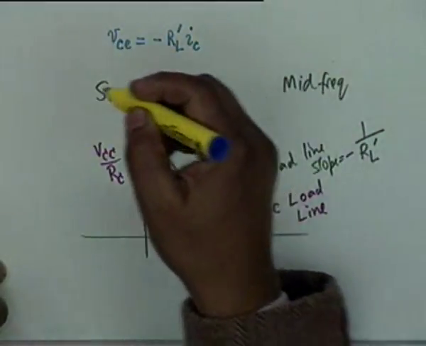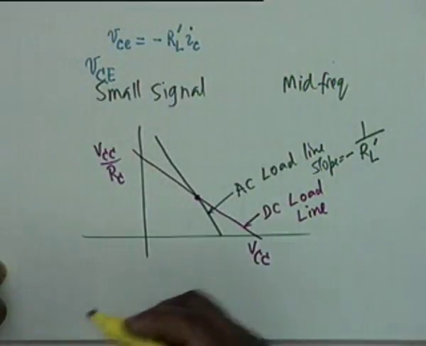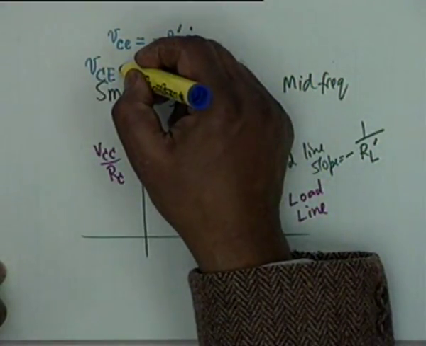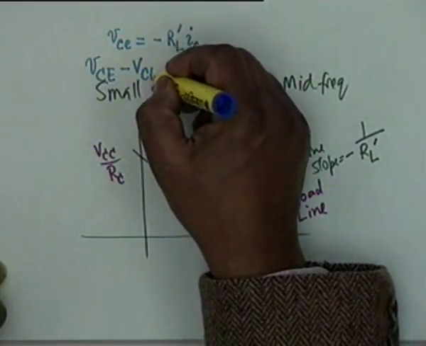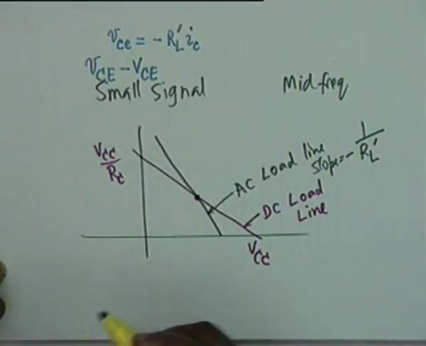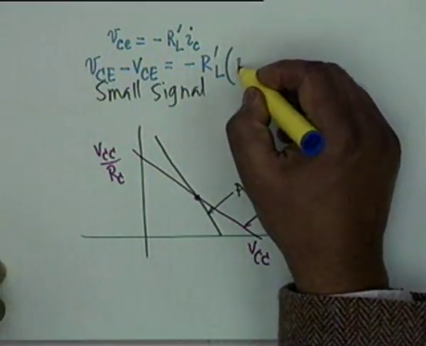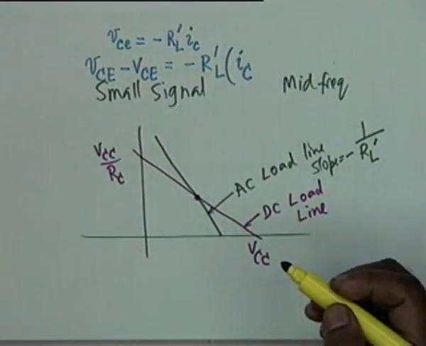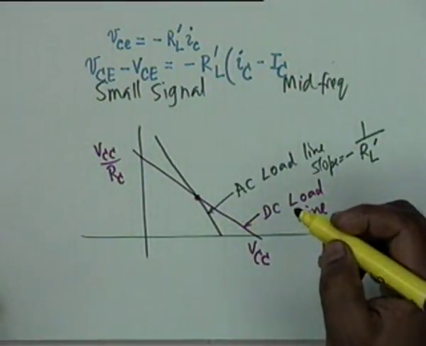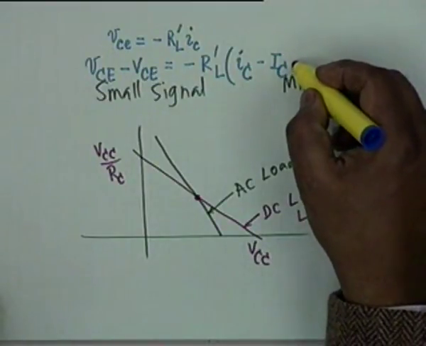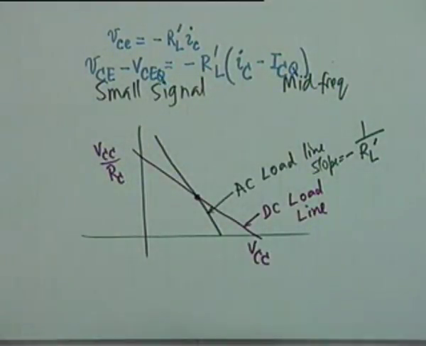Or I could write this as vce minus capital VCE, that is the DC part, equals minus RL prime times capital IC, the total collector current, minus the DC collector current. And since these are at the Q point, we say ICQ, and here also we add VCEQ.